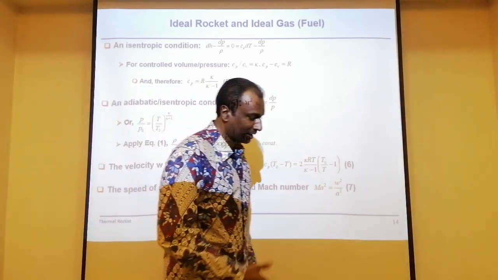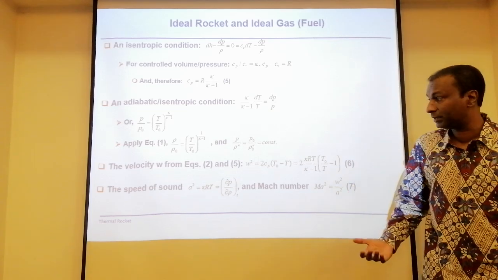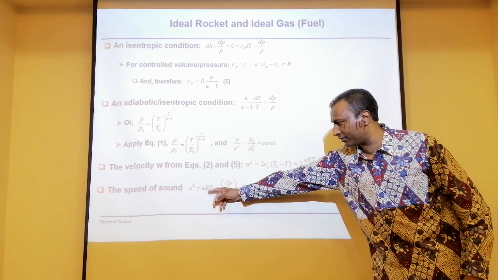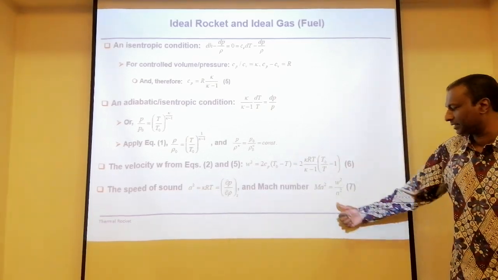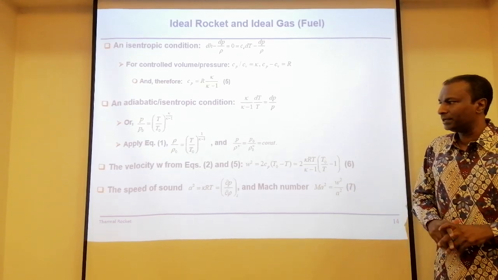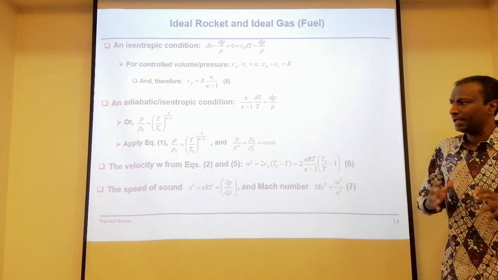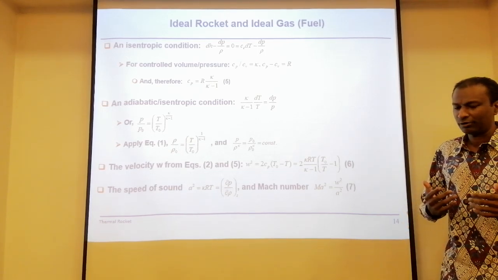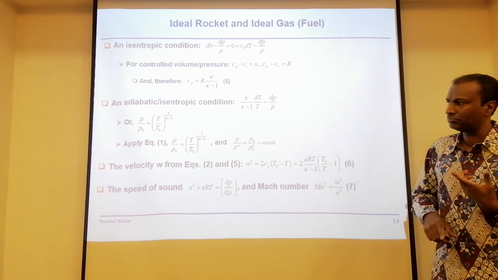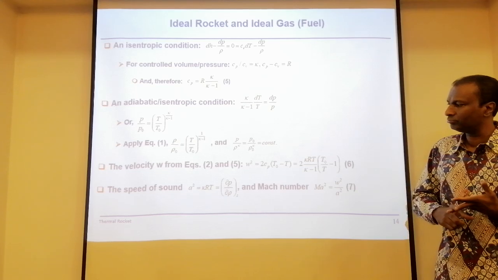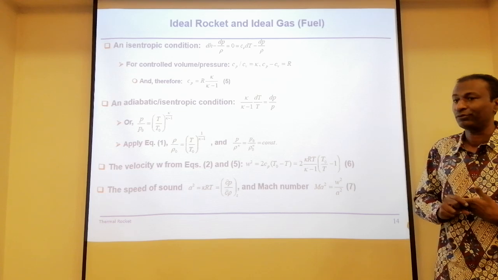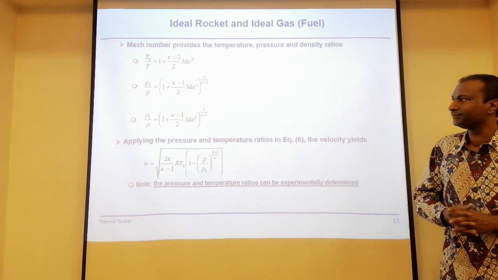Because I should be able to express all these equations in terms of Mach number as well. I coin the speed of sound A as the square root of kappa RT, and I can rewrite the Mach number in terms of W. Looking at this formulation, I'm looking at an option of obtaining the temperature ratio, the pressure ratio, maybe the density ratio. Let's see what we can get out of all this formulation.